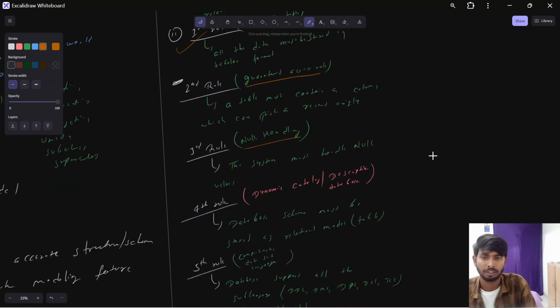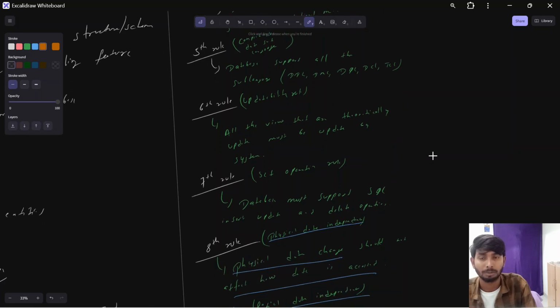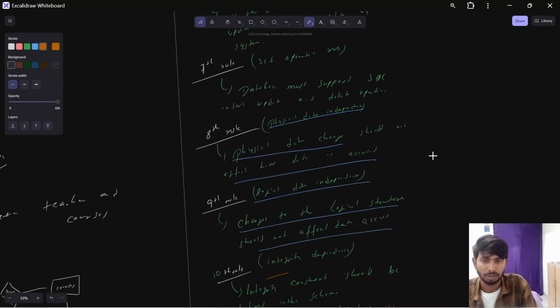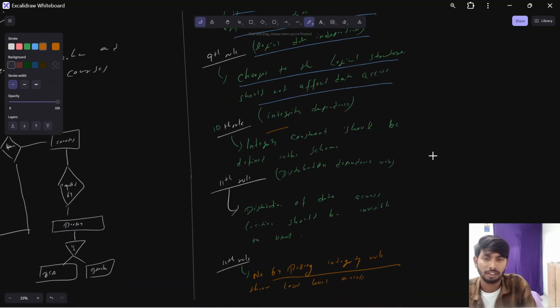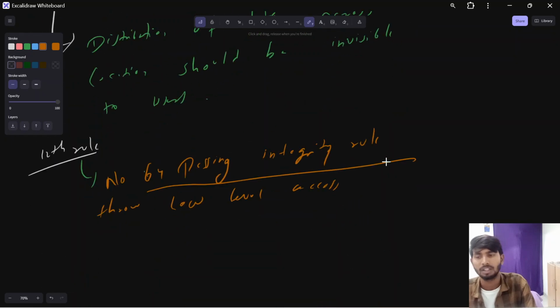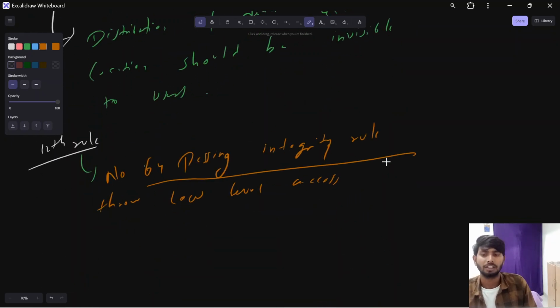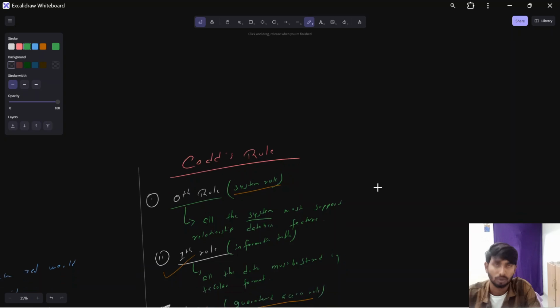System rule, information rule, guarantee access rule, null handling, dynamic catalog, comprehensive data sublanguage, updation rule, set operation rule, physical data independence, logical data independence, integrity dependency, and distribution dependency. Now the last one is the no bypassing integrity rule through low level access, also known as the non-subversion rule. These are the 12 or 13 rules of Codd's rules.